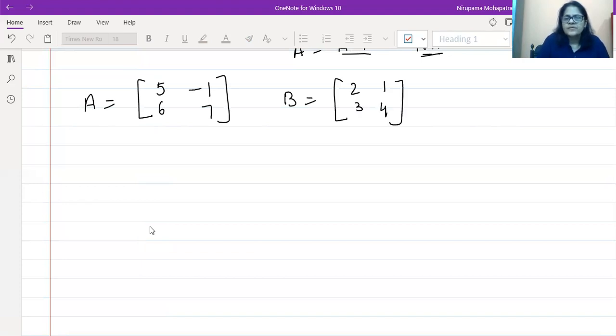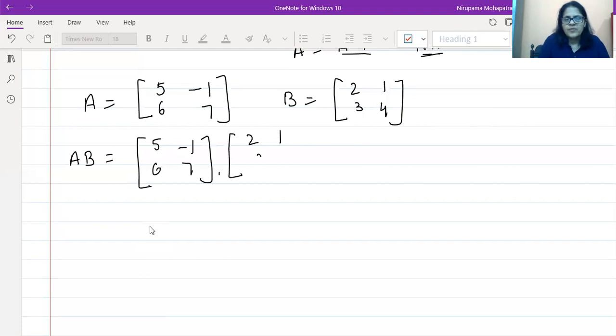Let us find A into B. A into B is 5, minus 1, 6, 7 multiplied by 2, 1, 3, 4. These two are square matrices of the same order, so the product matrix will be 2 by 2. Here, 5 into 2 is 10, then minus 1 into 3, minus 3, giving 7. Then 5 into 1 is 5, minus 4, giving 1.